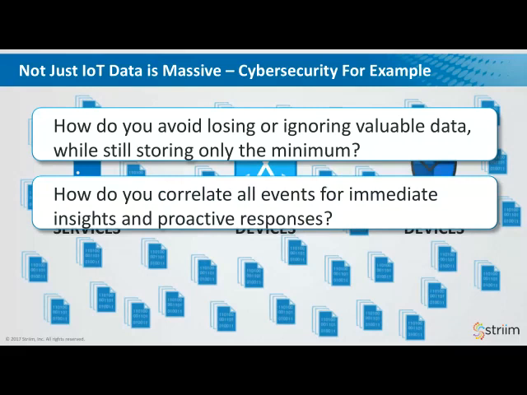As soon as you see that temperature starting to rise rapidly, you need to be able to react immediately. And there are obviously much more critical situations that you have to respond to even faster. You're measuring the speed of a turbine. If it suddenly drops, you need to be able to react in milliseconds. So those are the things we're talking about here. How do you work on the data so you only store the minimum, while at the same time being able to react immediately and give proactive responses when you actually need to?